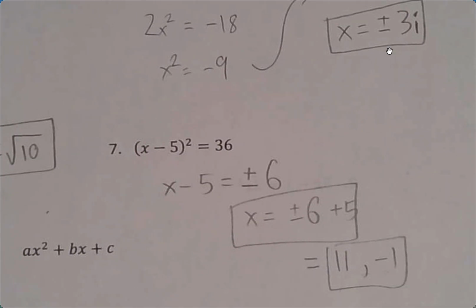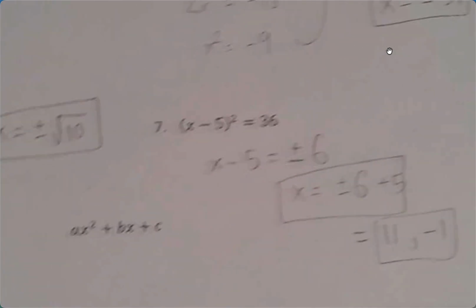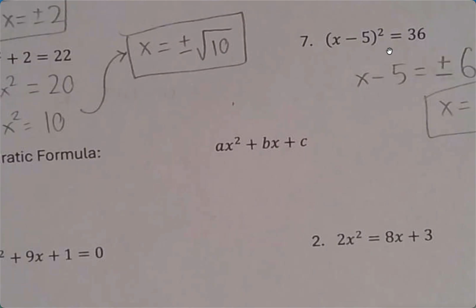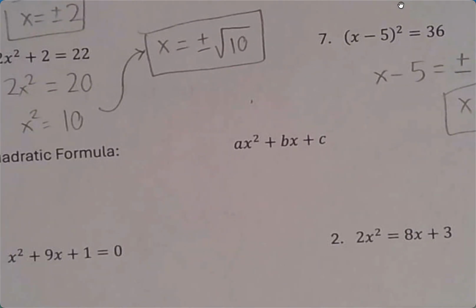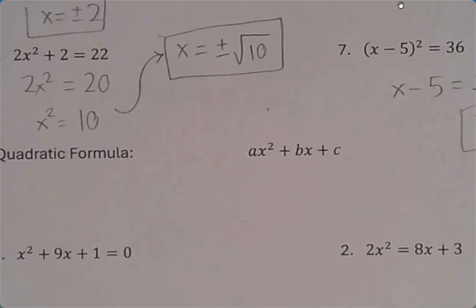Now, I'm trying to keep these to about 20 minutes, but this one's probably going to go 30 minutes because the quadratic formula is a beast to get through, with all the different things that can show up as you're working through it.